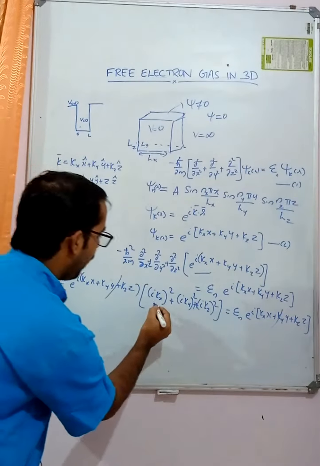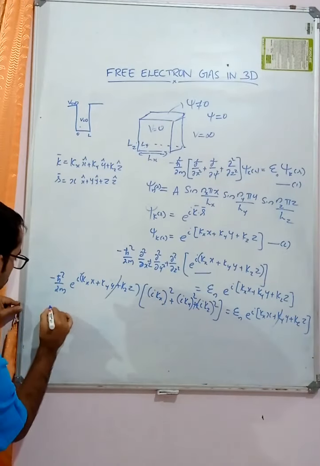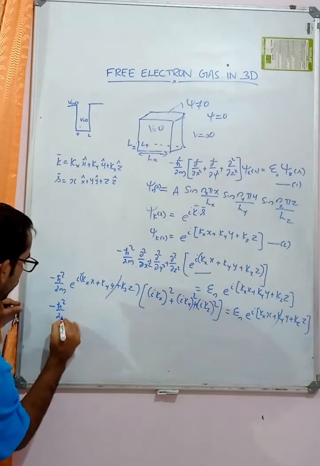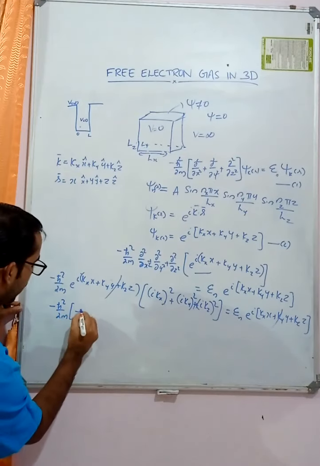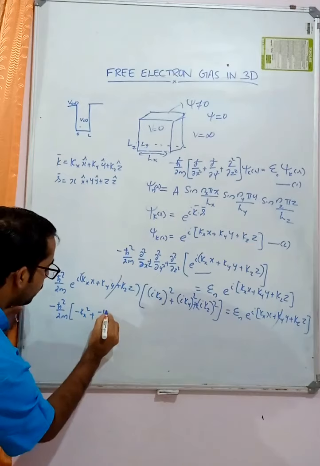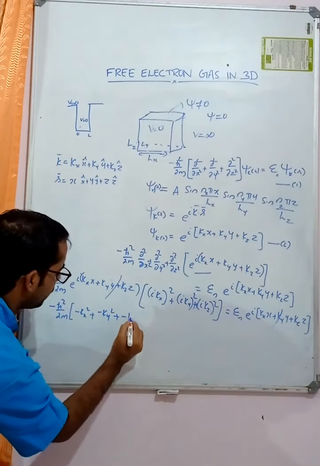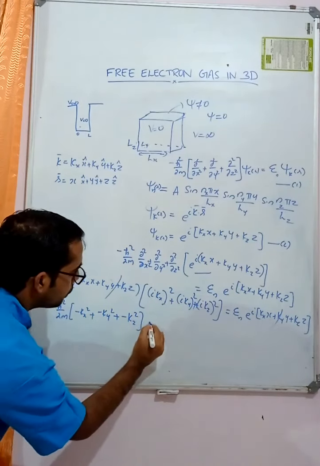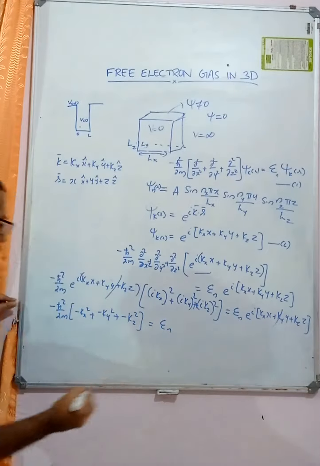So that i square, this is minus h cross square by 2m into minus kx square plus minus ky square plus minus kz square is equal to En.